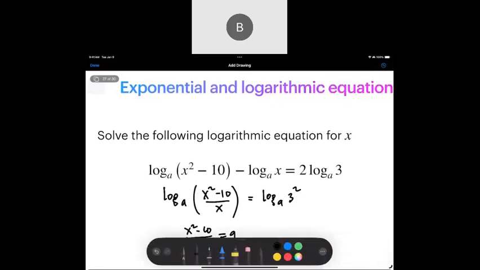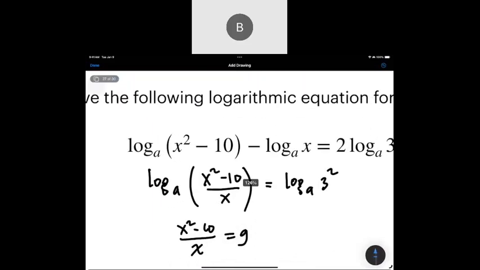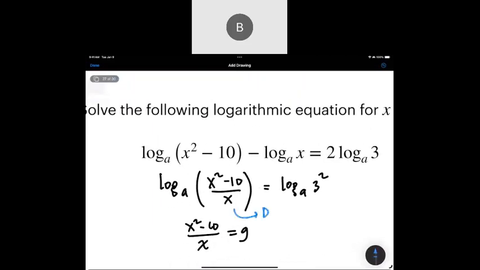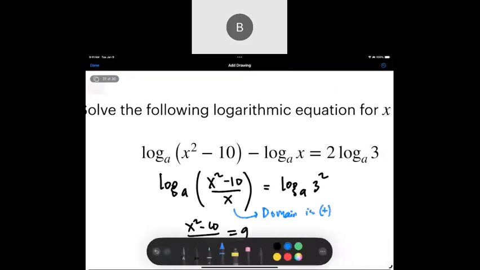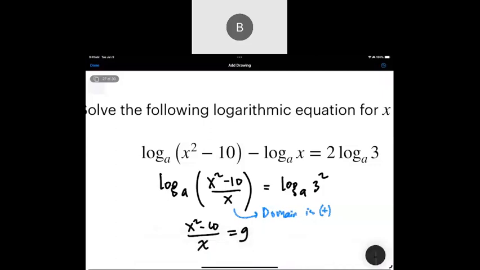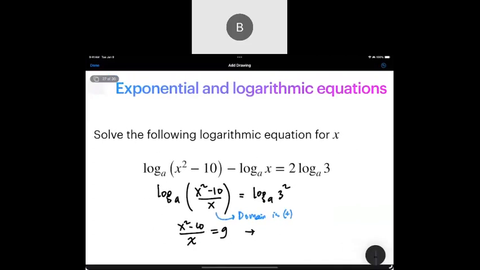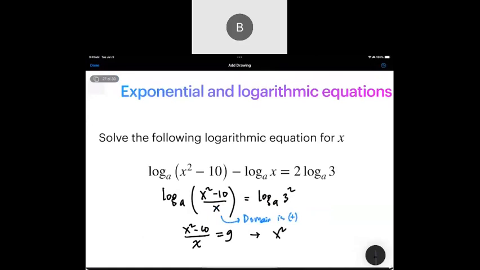Since the domain of log, okay, let me write here. Since the domain is always positive, right? So I think it's okay if we solve this by taking the multiplications, and it becomes 9x like that.